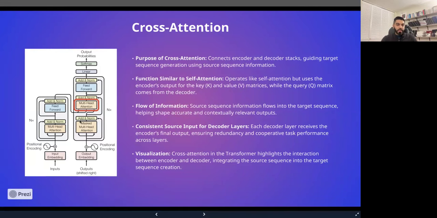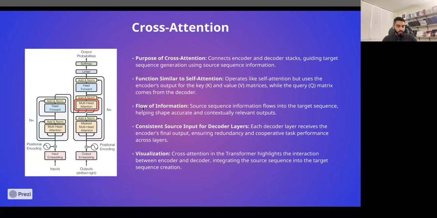So the key and value vectors are what get fed in via this block into the decoder. You'll notice the two lines here that connect the key and value vectors into the cross-attention block. And then what we have here are the query vectors, the entire matrix of all of the query vectors that gets fed in from the intermediate output of the decoder itself.